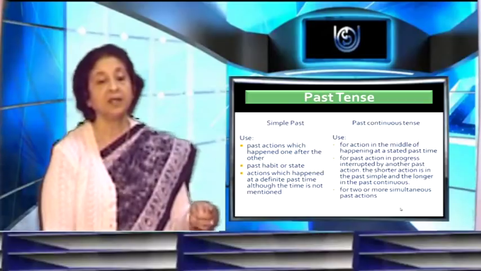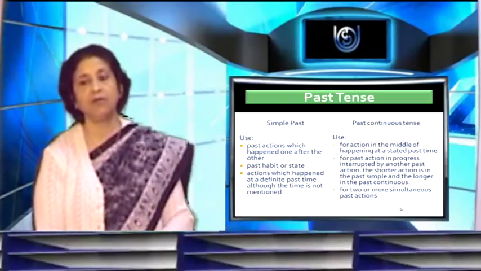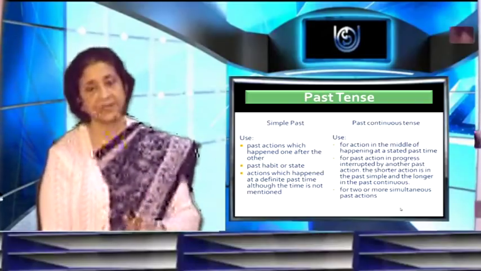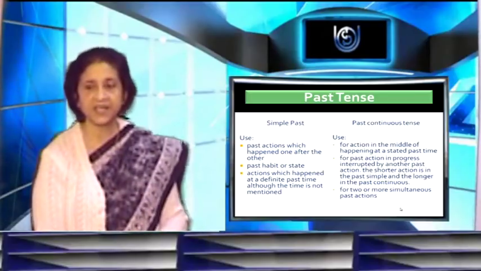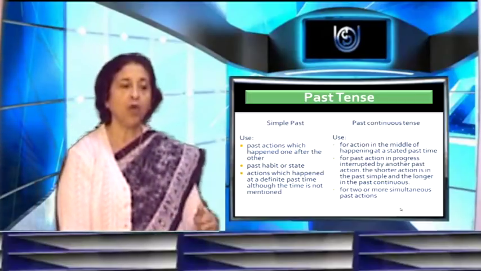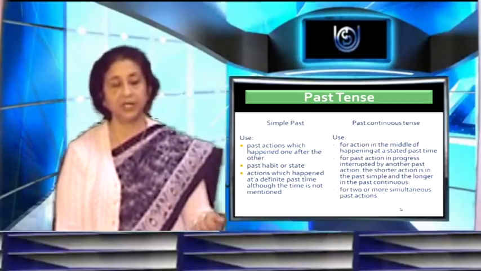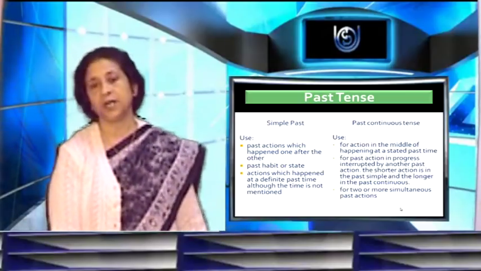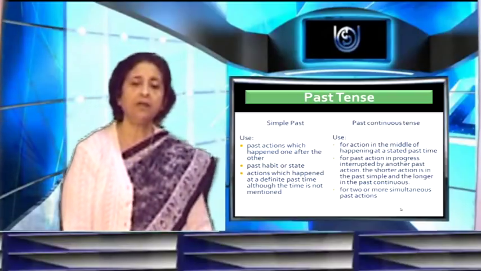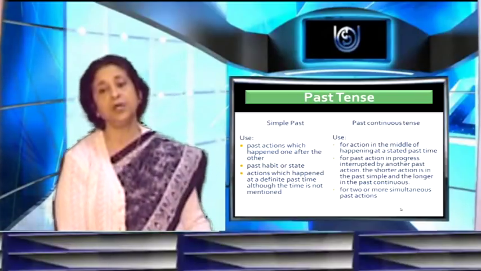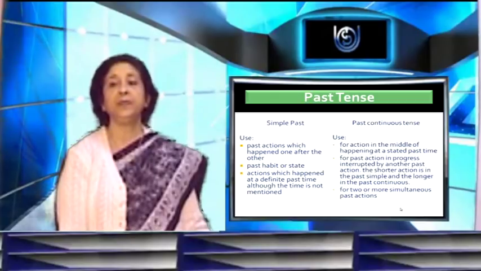So we are using was raining. First form of verb with ing, that is continuous tense, and the past tense helping verb was or were. Was with singular, were with plural. And simple past, you know, whether singular or plural, the second form of verb will be used.